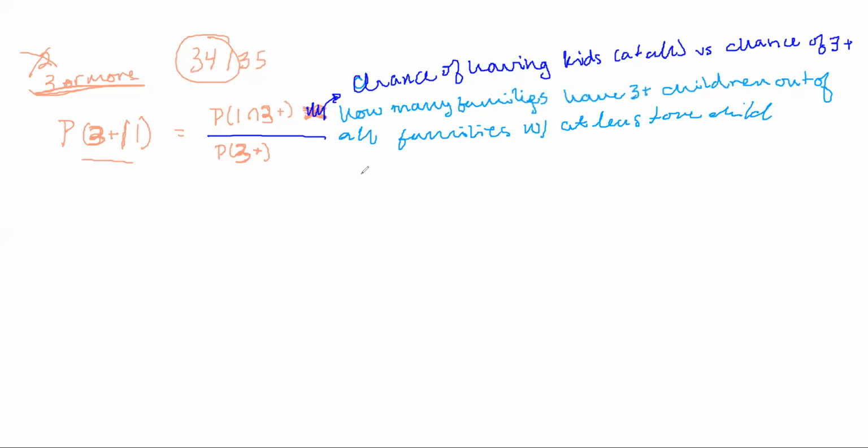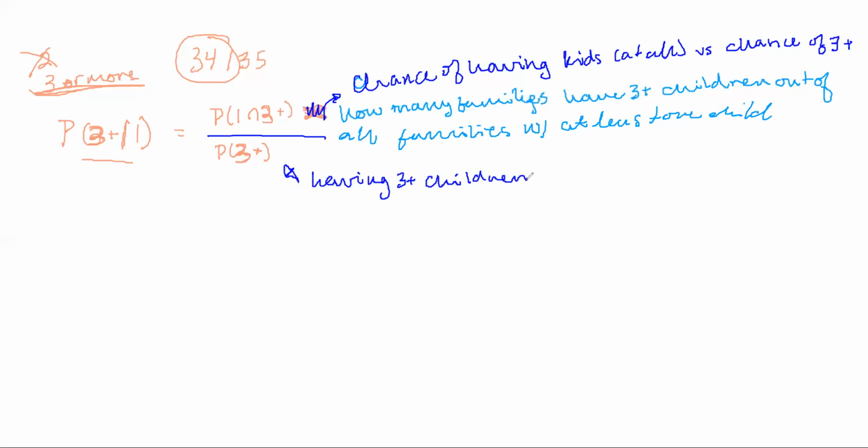Just like we were doing with the blood types, because we're given percentages, we're given a lot of chances, solving the problem might not look like the way that you traditionally have been thinking about it, like in the Venn diagram kind of terms. Okay, then we also need to find the chance of having 3 plus children. So that's how I would go about setting up problem 34.